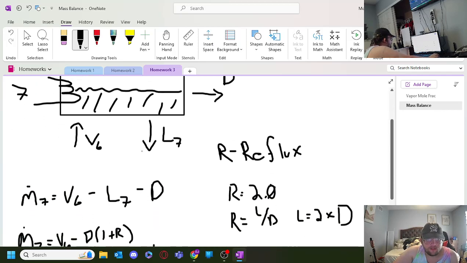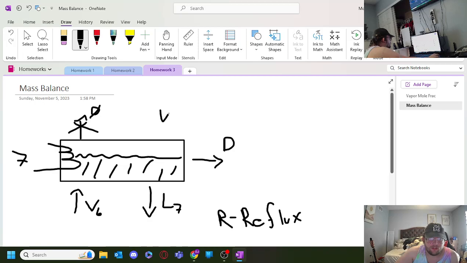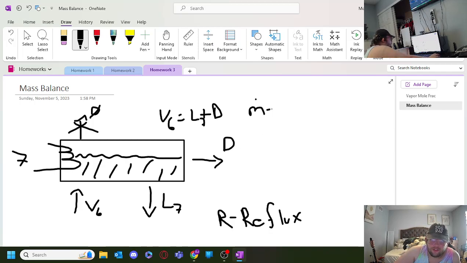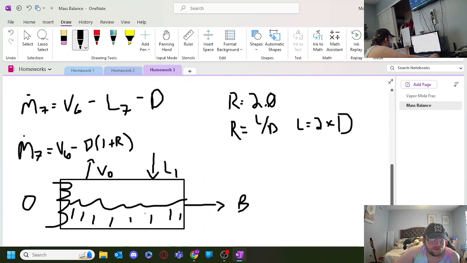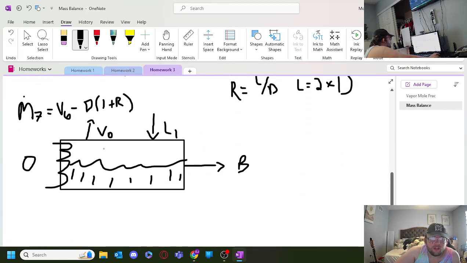So V6 will always be equal to L plus D. Essentially making M7 0. Now this is just for our simulation. In real life it might be different, but in order to make that true, we have to have some form of control down here keeping this level constant, or getting it to change based on a certain response.